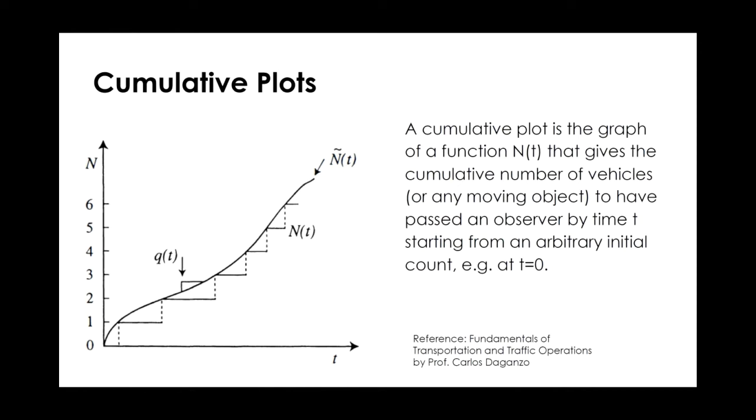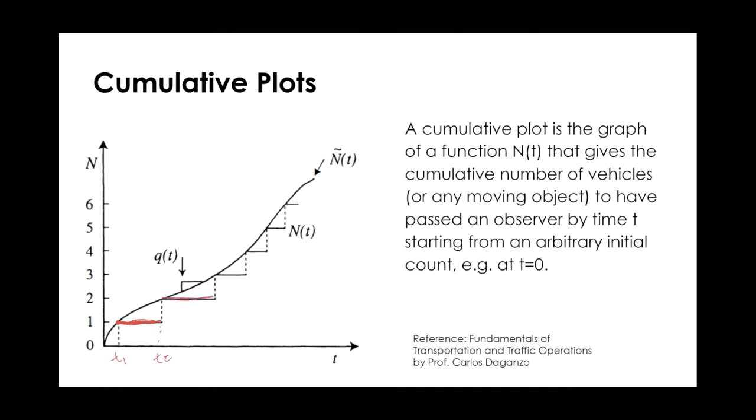So the actual plot is a stepwise function. Let's say at time t1, we see a vehicle. So we move up. And the cumulative number of vehicles that we have seen, if we've counted, remains 1 until at time t2 where we count another vehicle.